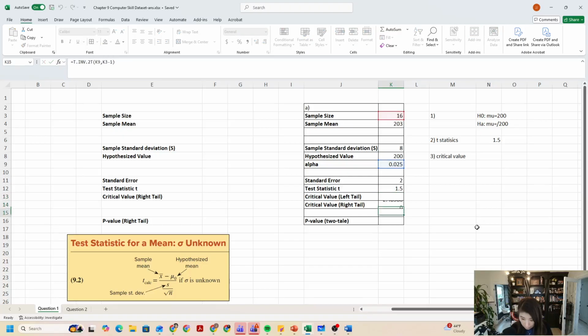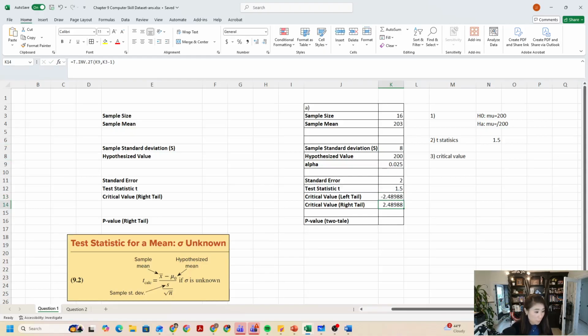And then my lower bound will be equal to, I'm just copying this again. Sorry, the left tail, the lower tail, equals that times -1. Okay, so that gives you our left tail.